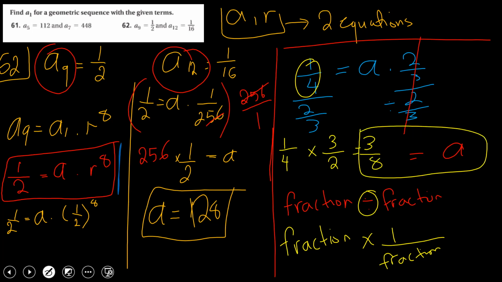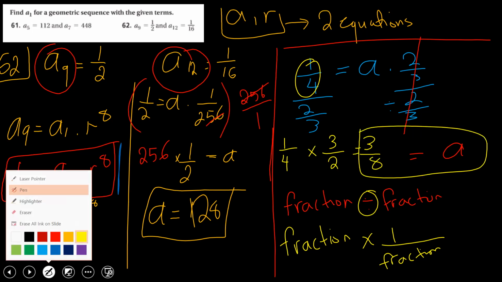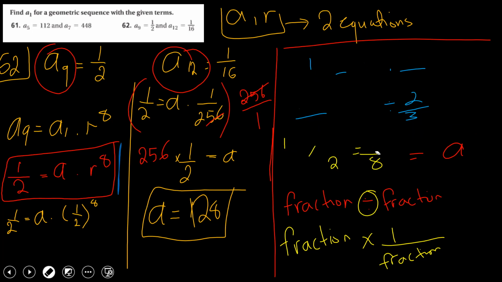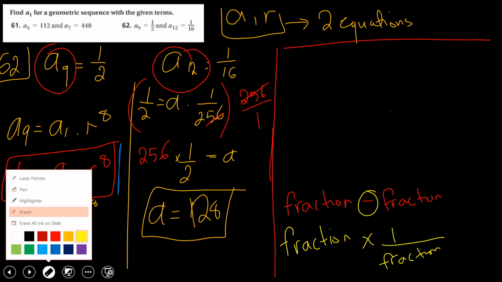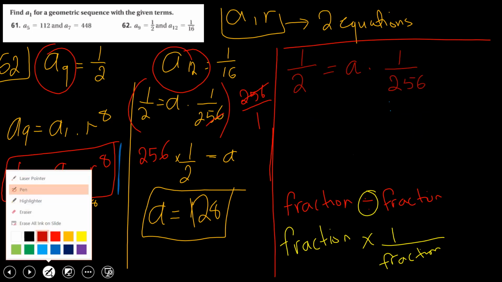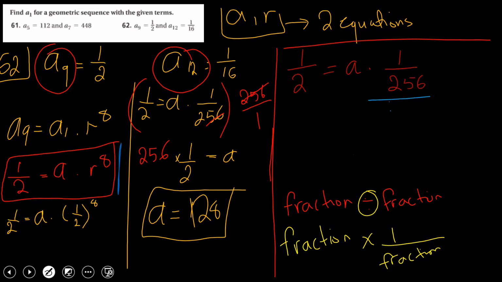Here it is the same. Here we have 1 over 2 equal to a times 1 over 256. If I multiply a by any number and I want to cancel it, I just divide.